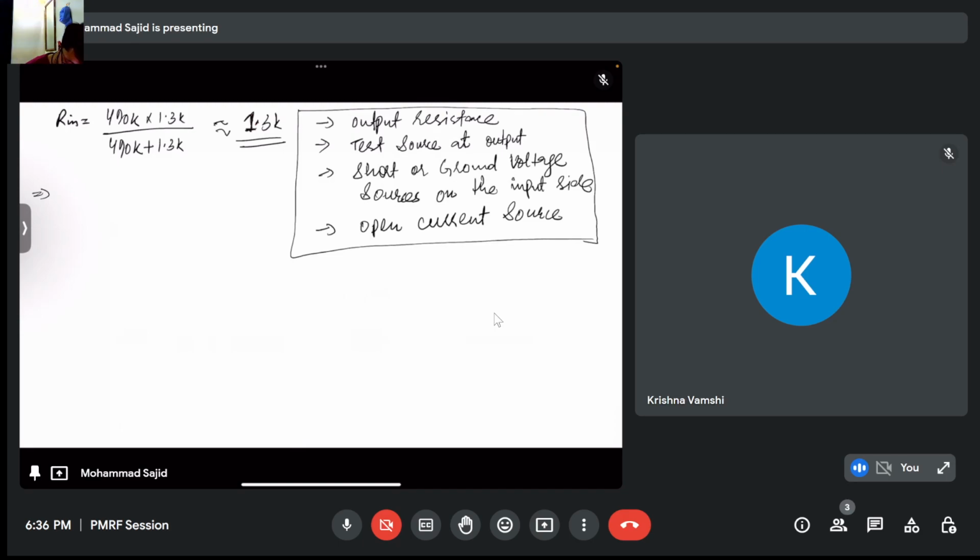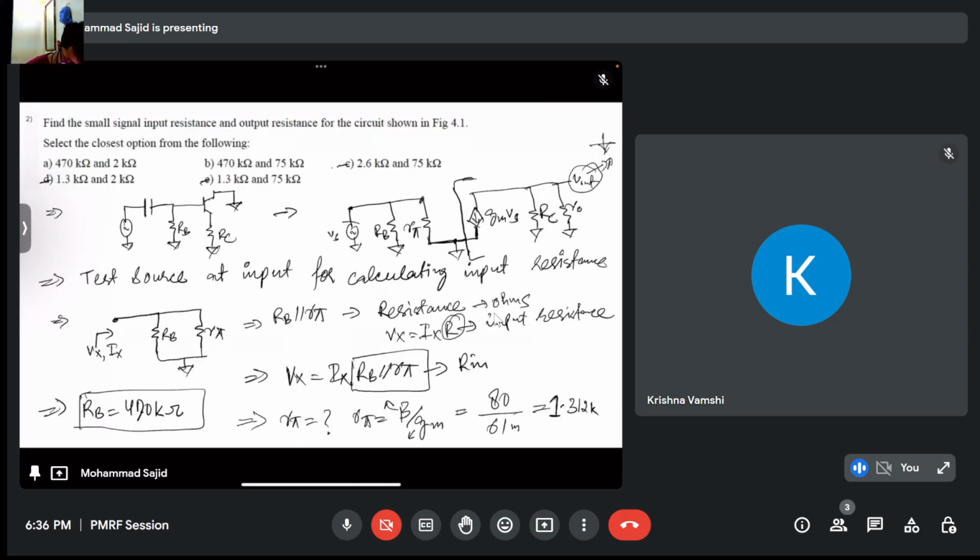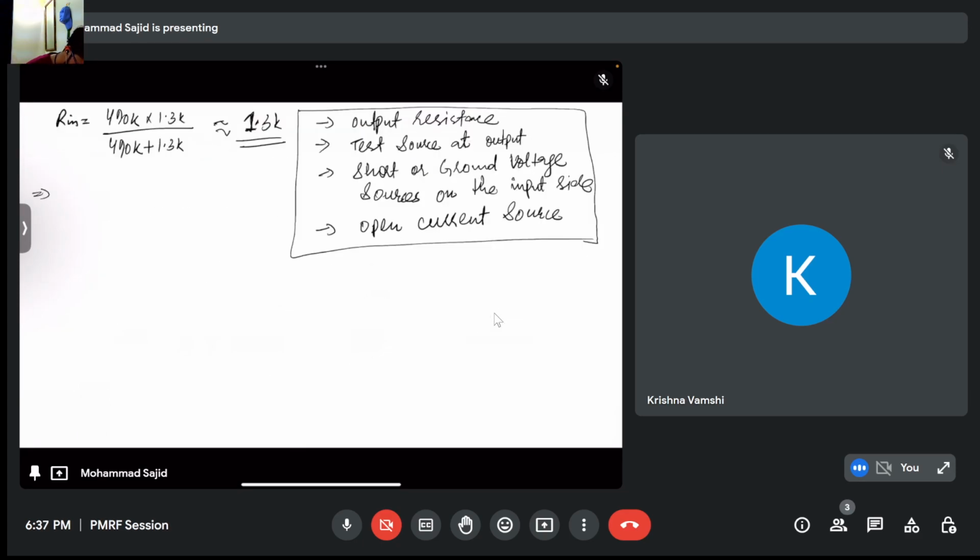As I said, we can ignore this part since it's ground. We can ignore this part to calculate input resistance. Similarly, we can ignore this part to calculate the output resistance. And remember that since we are calculating the output resistance and we ground the input signal, my Vs will be equivalent to 0. And my Vs is equivalent to 0, my Gm times Vs will be equivalent to 0 as well. So I have to open this.